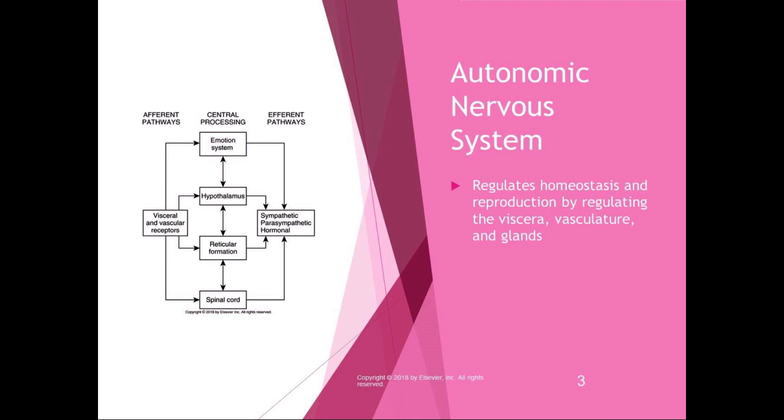This is a graphic from the book, of course, that talks about all the different pathways that are going into the autonomic nervous system. Let's just look at this big picture and say it's complicated. But you can think of it as the somatic nervous system controls the muscles and the skin and the sensory information, and the autonomic nervous system controls everything else: viscera, vasculature, and glands.